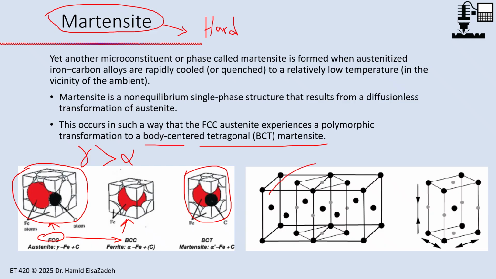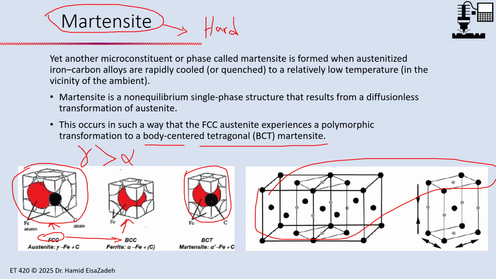This is another way to show the martensite structure. If you have this type of structure, with carbon sitting in that site, it provides tension, so it makes it a very brittle and hard material.